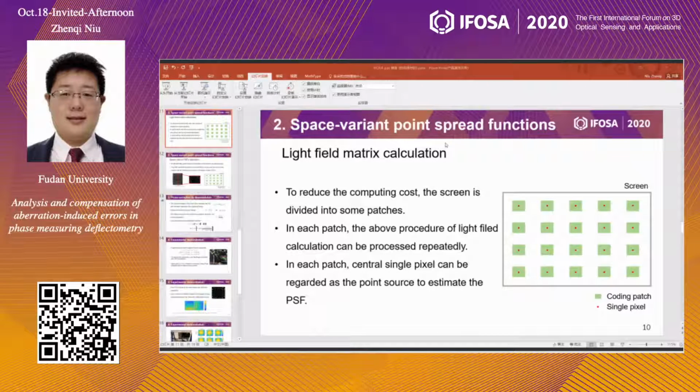We set the patch size to 3 times the PSF size, and after calculation, we remove the outer region. The central part is retained as the restored result, and we repeat this process. We can then calculate the whole image. Okay, thank you. Good.